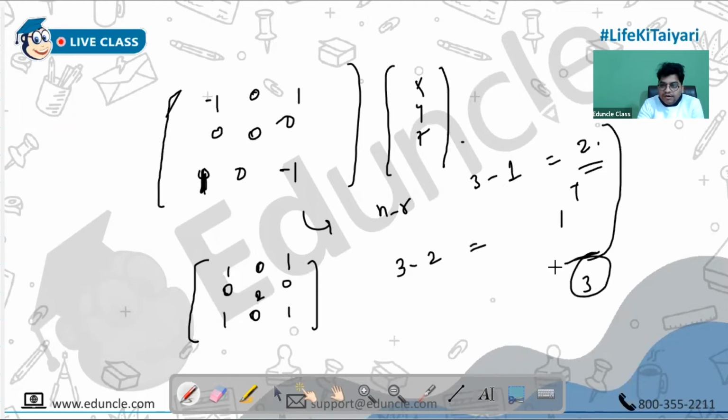It means the matrix has three linearly independent eigenvectors, so it is diagonalizable. Yes or no? This matrix is diagonalizable. Is it clear? Yes or no?